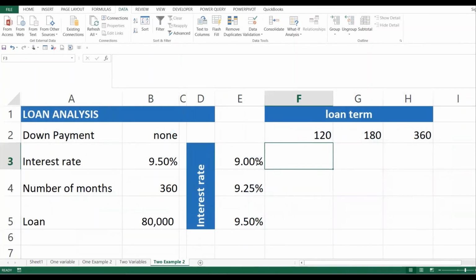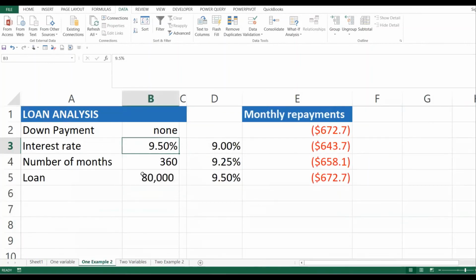In my first example, I varied only the interest rate. This is similar to my second example here, where I looked at the interest rate, the number of months, and the loan. I was looking at what my repayment will be if the interest rate is 9, keeping these two constant. What will my payment be if my interest is 9.25 and I keep these constant?